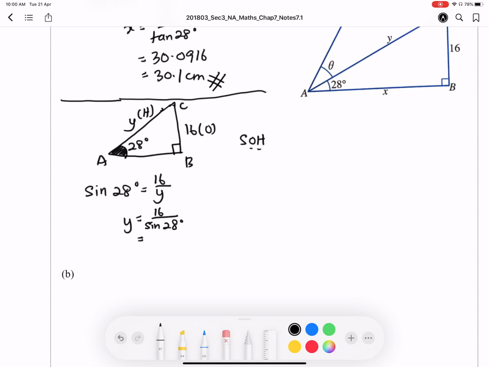That will give an answer of 34.081, and the final answer will be 34.1 cm.